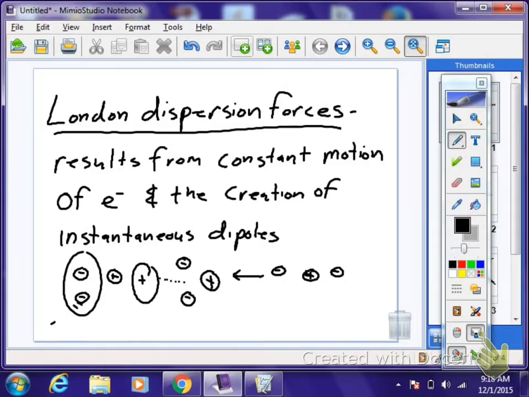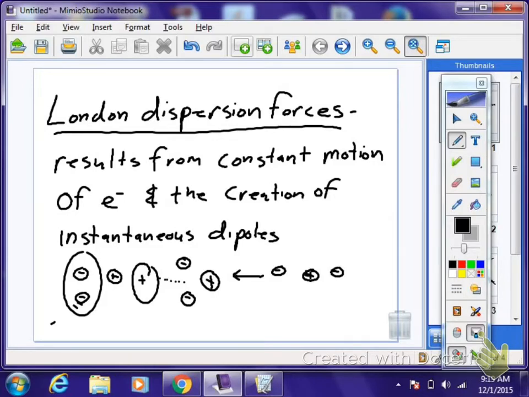Let me give you some examples of what you'd look for in a molecule or an atom to have larger London dispersion forces. These are scenarios. If it has this, it has larger dispersion forces. If it has this, it has smaller dispersion forces in comparison.